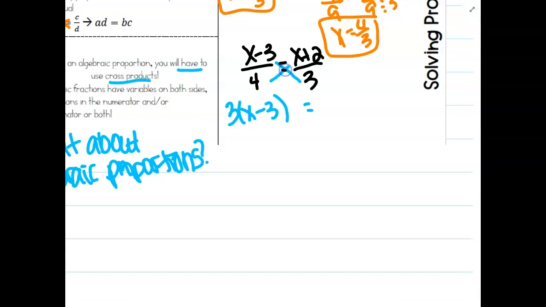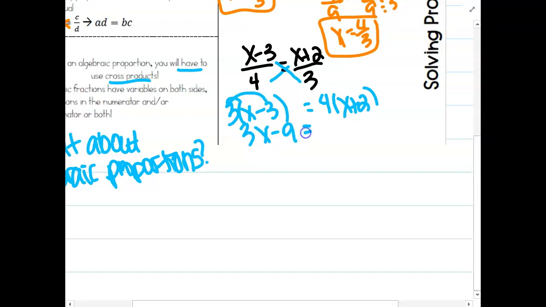And when you go up and across the other way, you have to take 4 times the whole thing, x plus 2. You have to put it in parentheses. Because I have to take 3 times x and minus 3, and I would get 3x minus 9. You have to multiply by both of those. And you have to take 4 times x and 4 times 2 to get 4x plus 8.